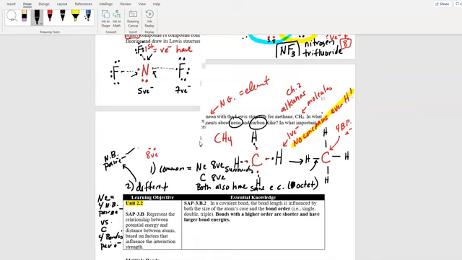Even though they both have their octet, it's just how those octets are arranged, or how their valence electrons are arranged around that symbol. Are they being bonded to another element, or are they just bonded to that one element? Okay, so that's how it's similar versus different. I like this question because I've seen a question like this before in AP where they want you to relate different structures.